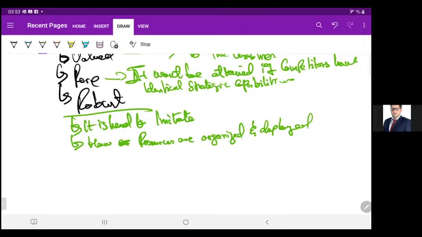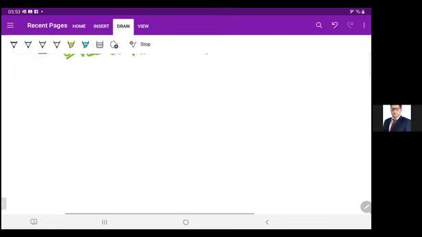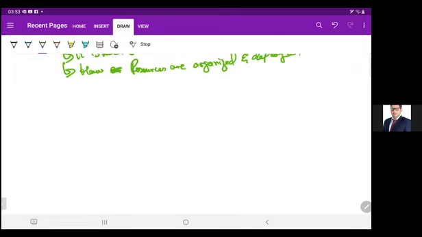Now, however, organizations can take further steps to protect competitive advantage.